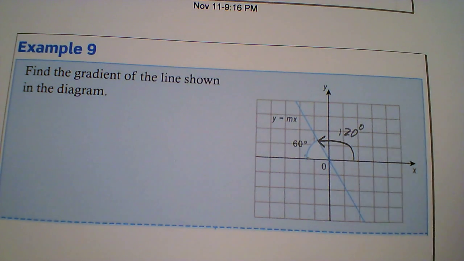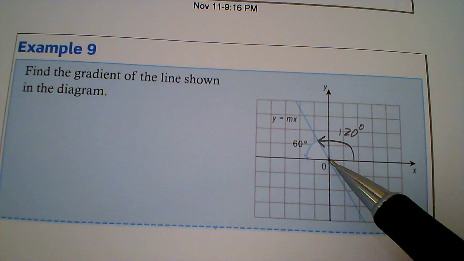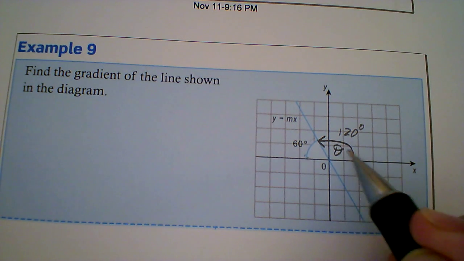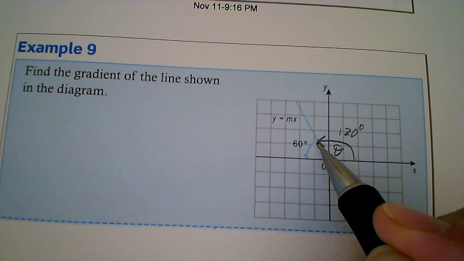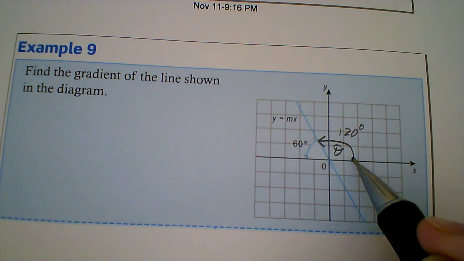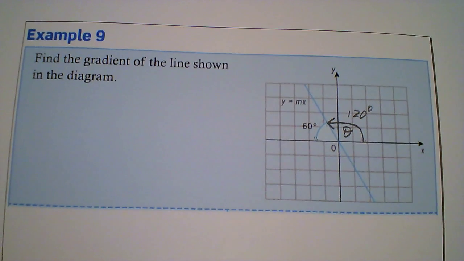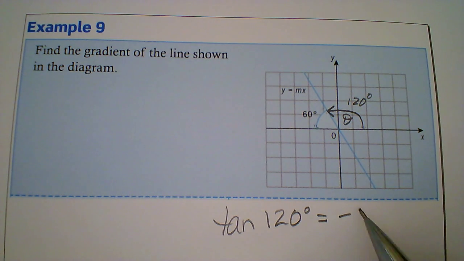So when we look at the line that is intersecting the unit circle, we are looking at the theta that starts at the x-axis in the first quadrant, and then it rotates until we get to the line. So we don't use the 60 degrees, we use the 120 degrees. So to find the gradient, we would take the tangent of 120 degrees, and that equals negative 1.73.